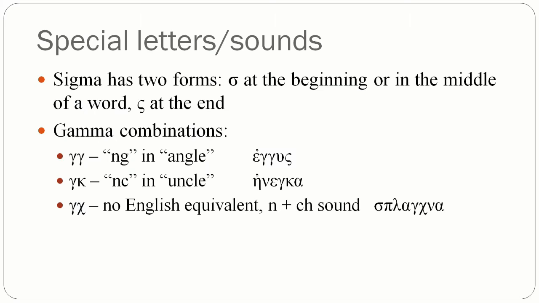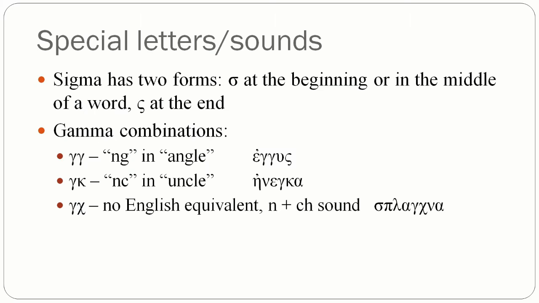All right. Something that I need to mention, the letter gamma, the third letter of the alphabet after alpha and beta, comes in a few combinations. If you just have a gamma in the word and it's sitting out there by itself, you just pronounce it like a hard English G, like gold or girl, that hard G sound.